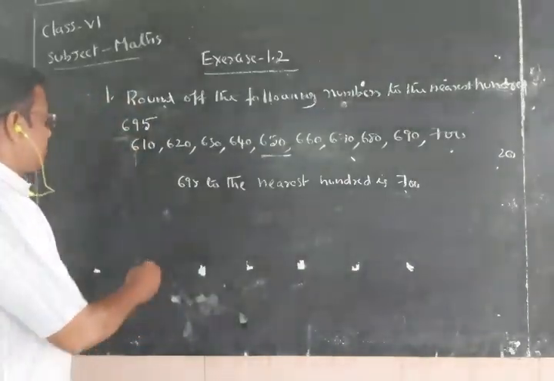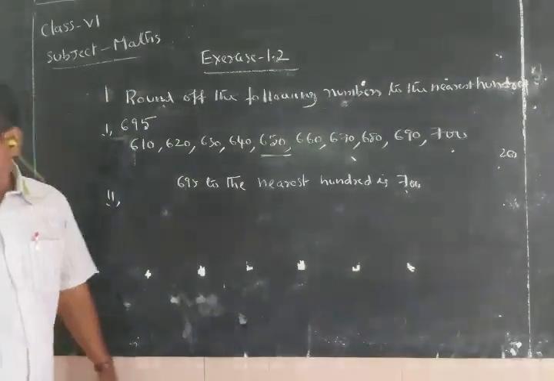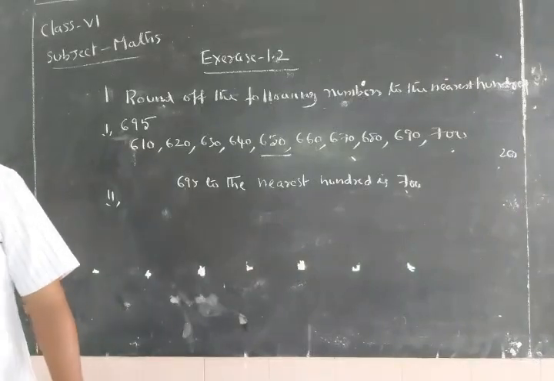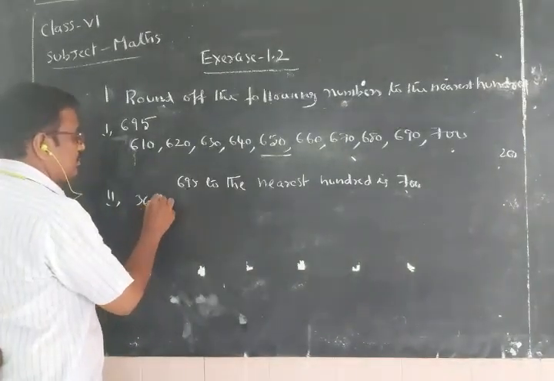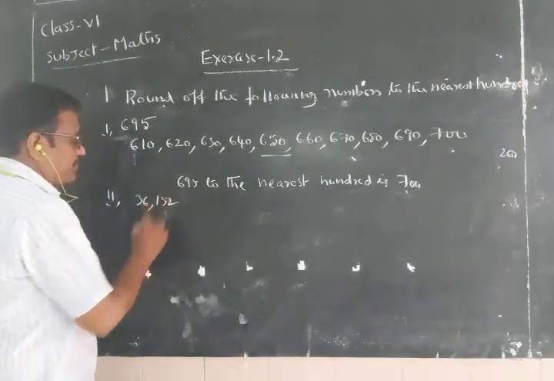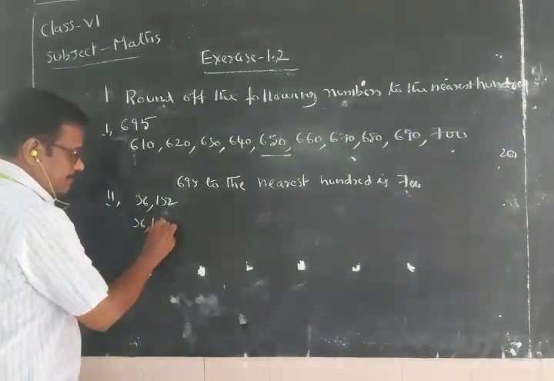Okay. The next sum, this is the second one: 36,152. Now in the place, 36,100.